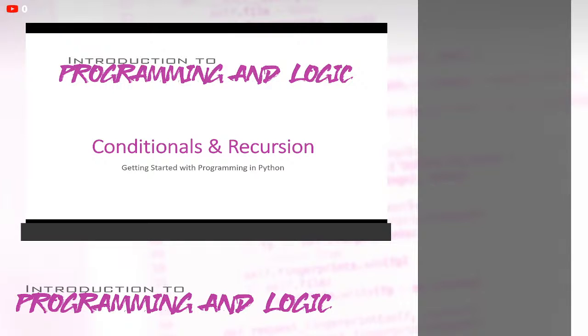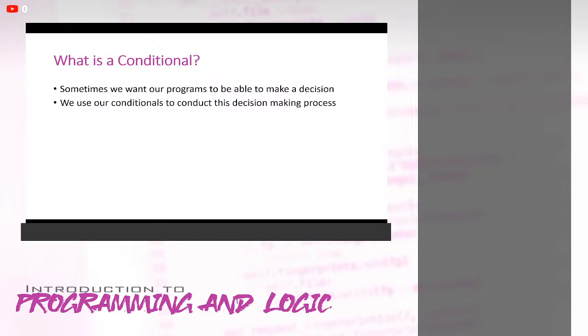I want to spend more time on recursion, if at all possible, so we're going to breeze through conditionals as we get started here today. If you need some additional material, some additional help with these, just let me know, and I can definitely provide those. But the first thing that we need to ask ourselves is, what exactly is a conditional?